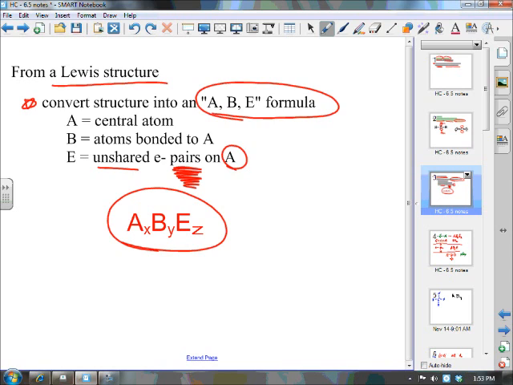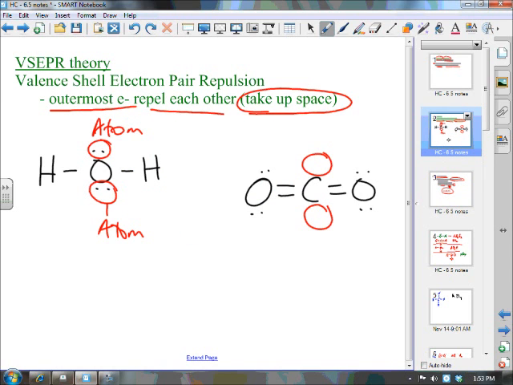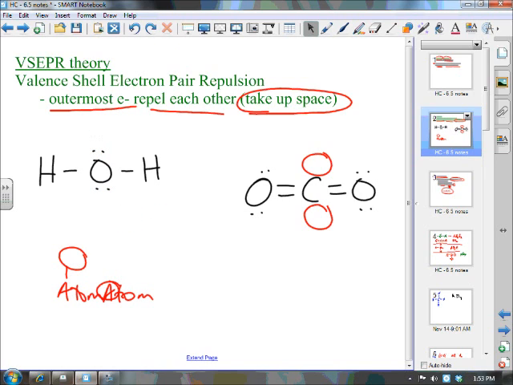If I bounce back real quick to water and carbon dioxide, notice oxygen has a pair of electrons because it's a center atom. Carbon does not. Well, what about the electrons on the oxygen, the outside atoms? We don't care about those. Those are not going to affect the outcome of the shape. It's just the ones on the center.